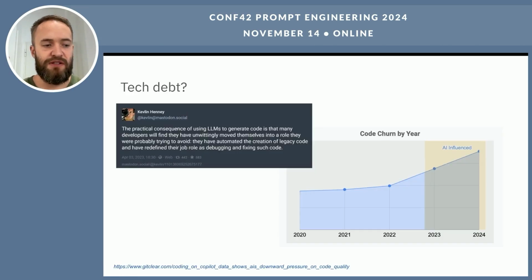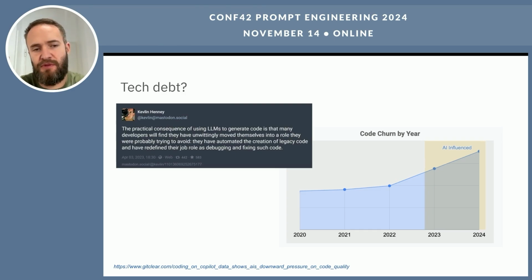What else? What interesting side effects does this thing create? One side effect I see is code churn by years. There is an article that uses some extrapolation, but in reality it says that code churn increases after the LLM boom started.